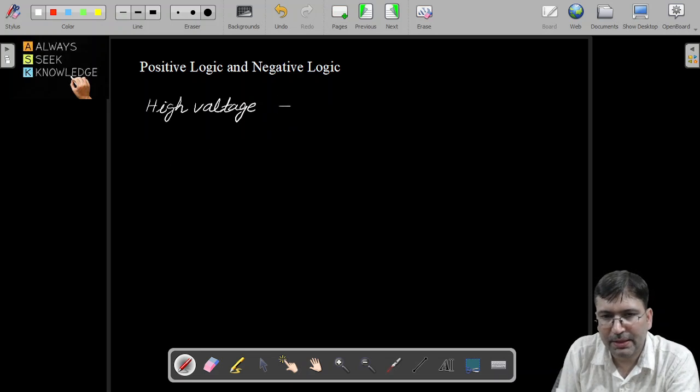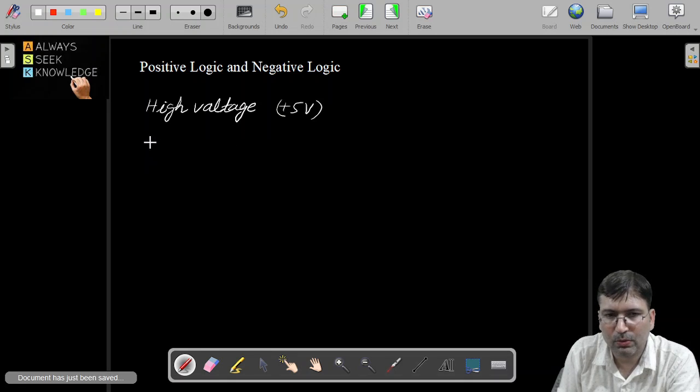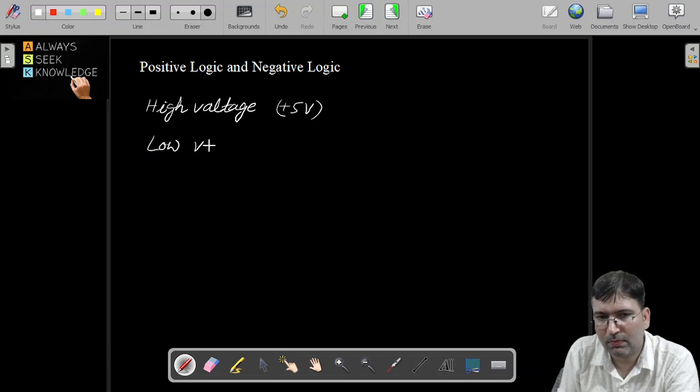So let's say I'm saying high voltage is +5 volt and low voltage will represent either 0 or -5, right?